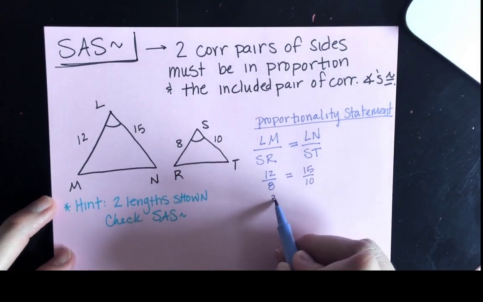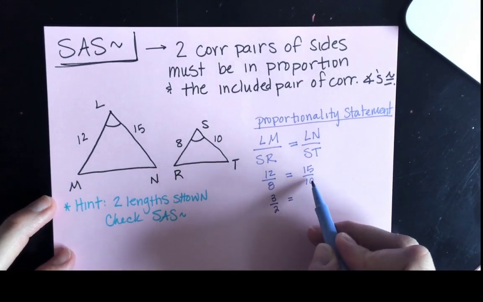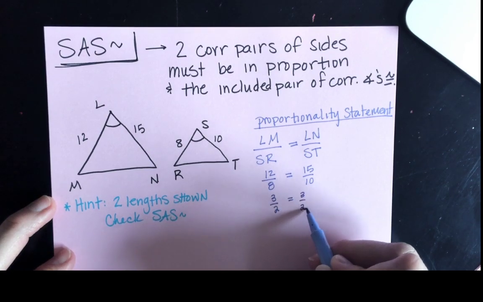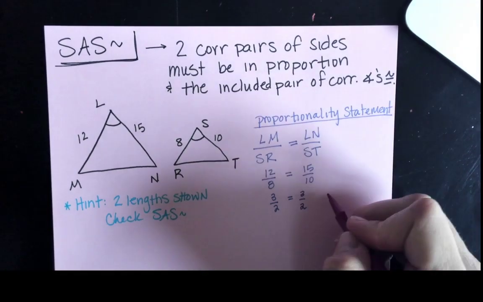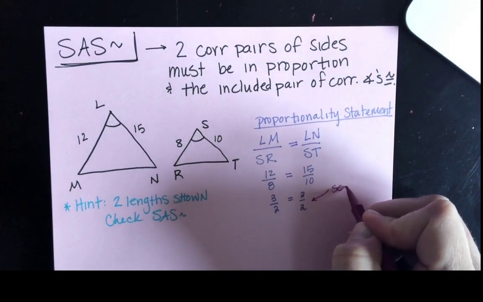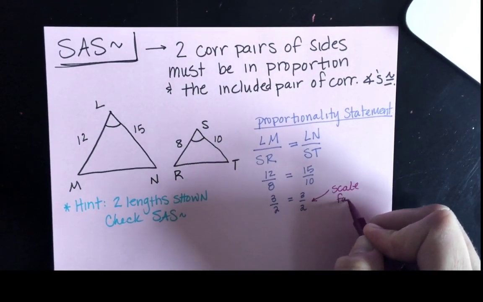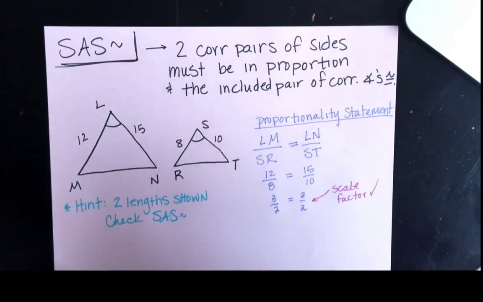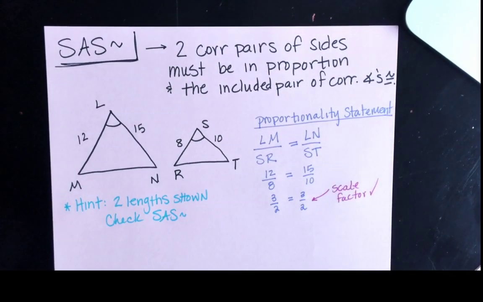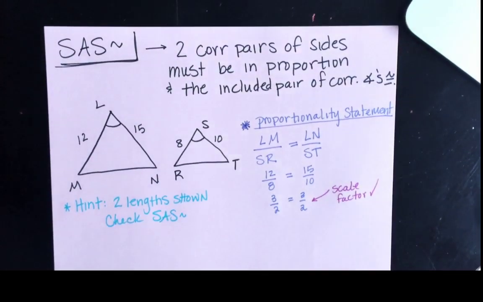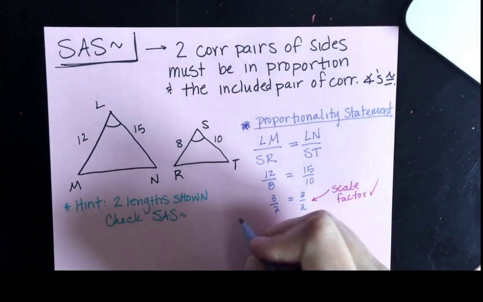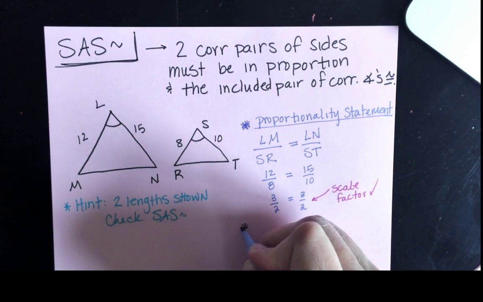Reduce by 4s and we're left with 3 over 2. Reduce by 5s, we're left with 3 over 2. So since our scale factor matches, now what we have to check is one more piece. So with side, side, side, we were done. But with side, angle, side, we do need one more piece.